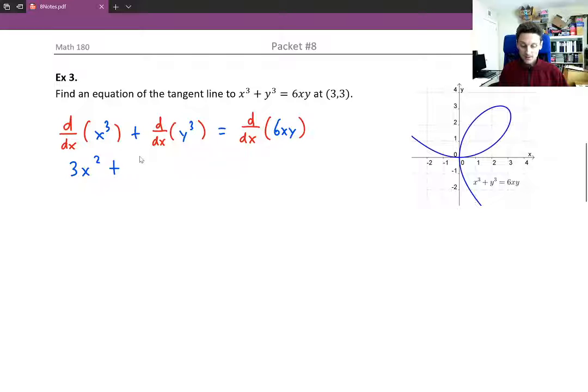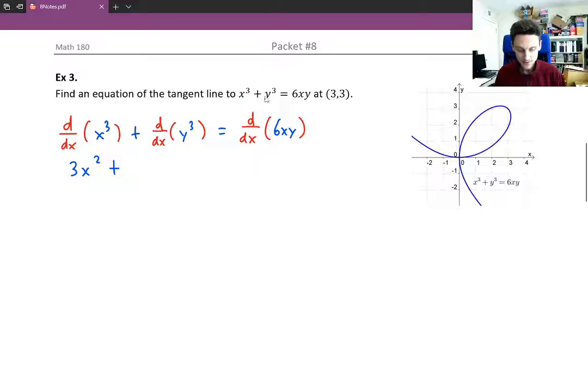Remember that if the variable you're taking the derivative with respect to is different from the variable that you see inside, right here, then you're going to use implicit differentiation, which involves a chain rule. So you're thinking about y as some kind of function of x.